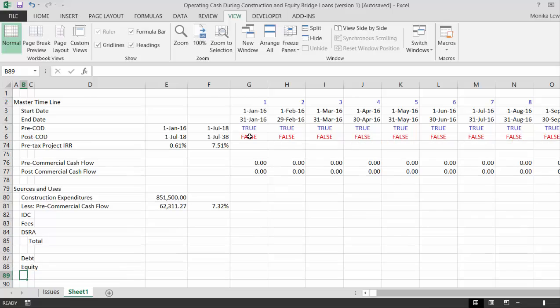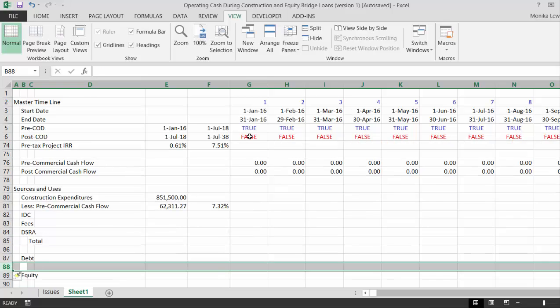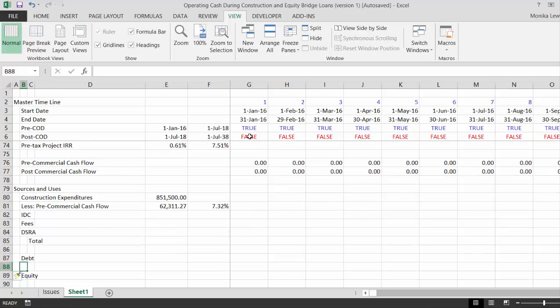And then before we put equity, we could put less pre-commercial cash flows. Now, oh good, that did go up to 7%. Now let's say we have about a 90% leverage, or 80%.